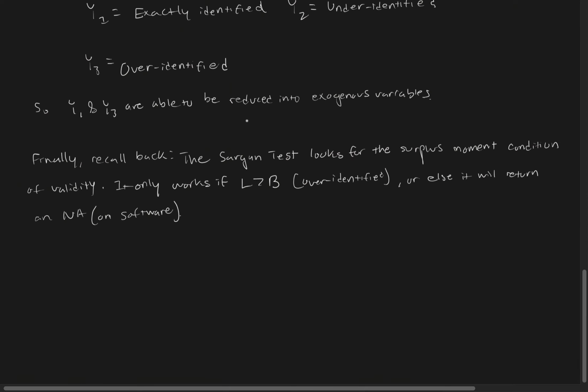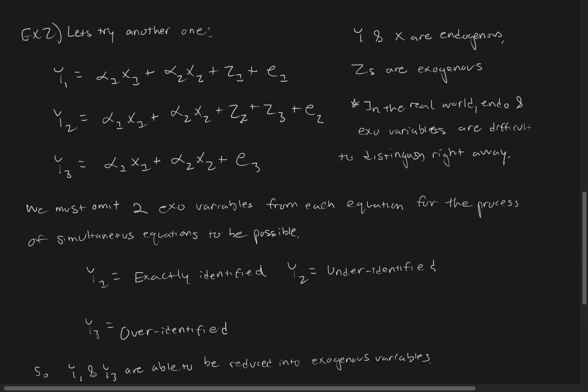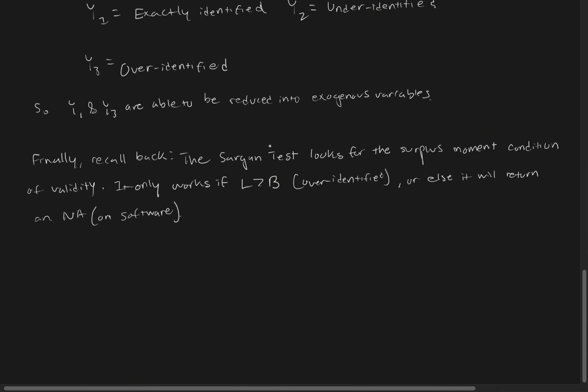And if it doesn't work, if we do it on the software, algebraically, if we try it, then we'll get not enough information to complete the solution. Not necessarily no solution. We just don't have enough equations to solve for the reduced form. By software, it will just return an NA because it doesn't have enough information.